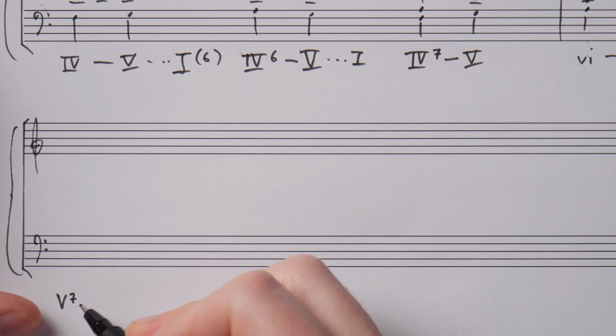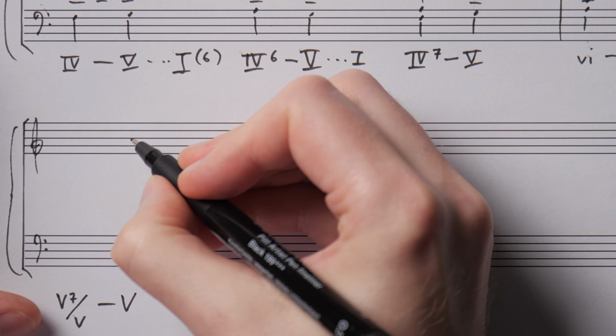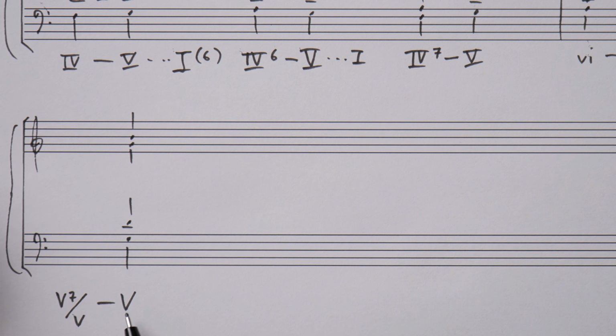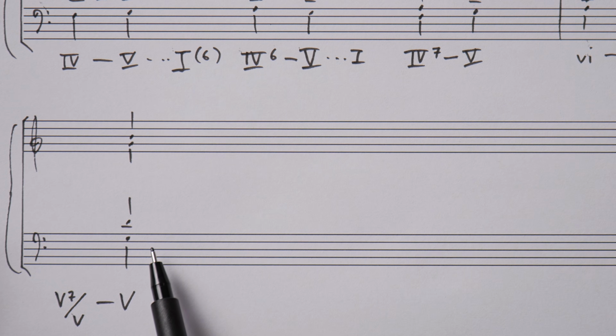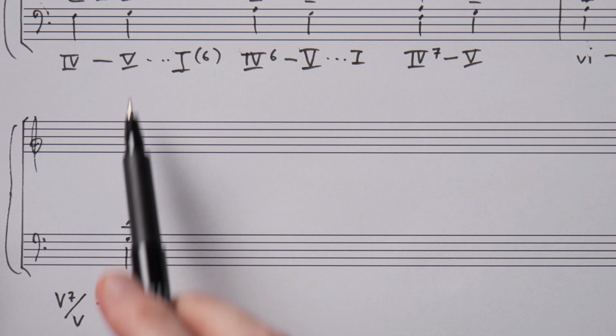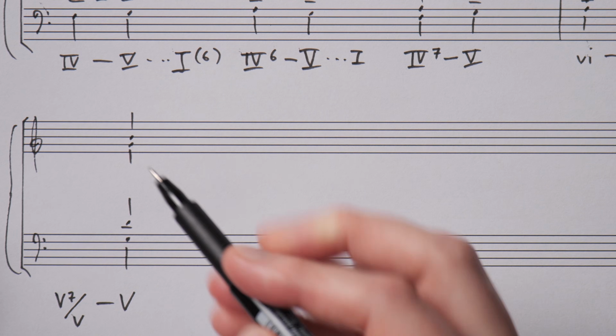Namely, the dominant, normally the dominant 7th of the dominant. So if I'm in C major, here's my dominant chord, G major chord. And the idea here is that I momentarily pretend that I'm in G major, and I throw in what would be the dominant or dominant 7th, which would be D7.